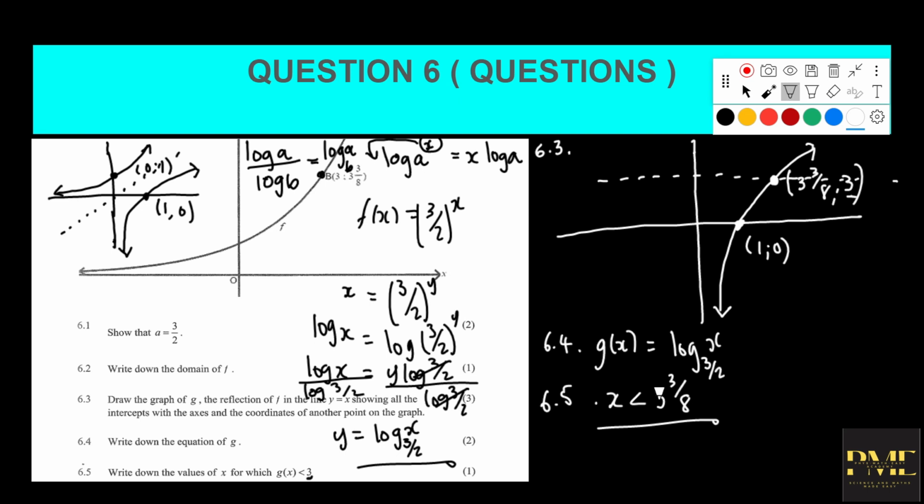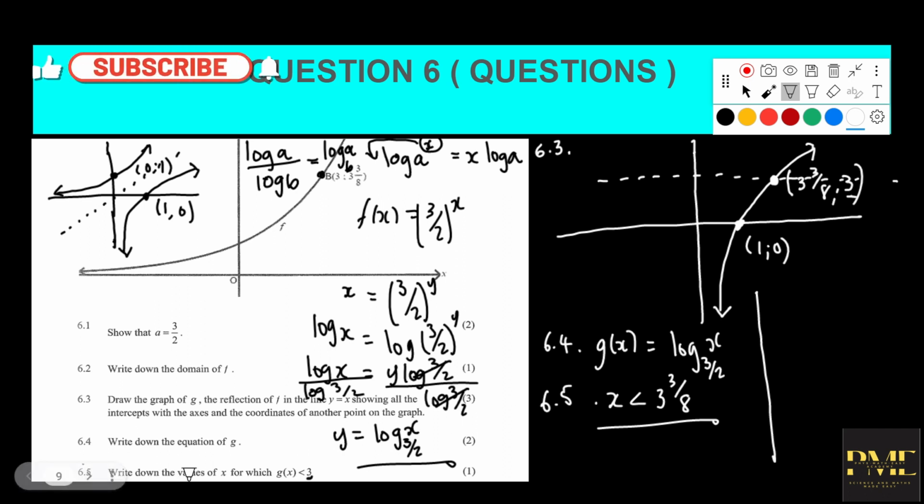Okay, you can also calculate this x. Should I show you? Should I not? Let me show you. I know there are many of you at home. So write down the values of x for which g at x is less than 3. We said g at x is equal to log x base 3 over 2.